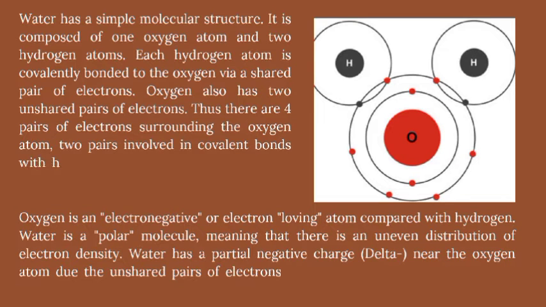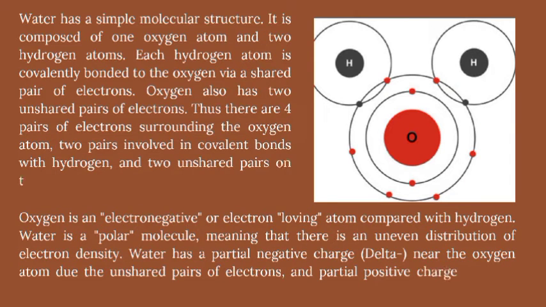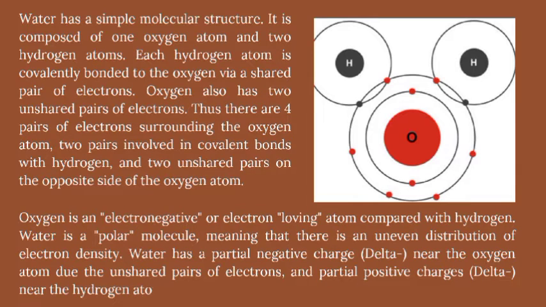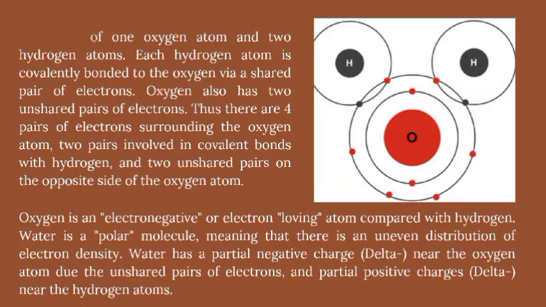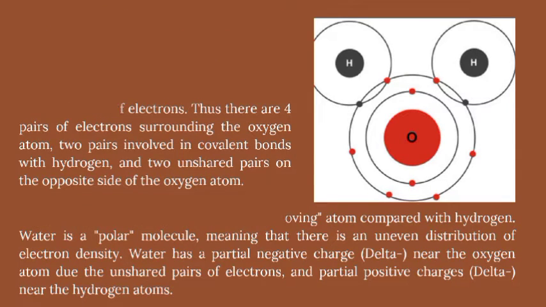Oxygen is an electronegative, or electron-loving, atom compared with hydrogen. Water is a polar molecule, meaning that there is an uneven distribution of electron density. Water has a partial negative charge near the oxygen atom due to the unshared pairs of electrons, and partial positive charges near the hydrogen atoms.